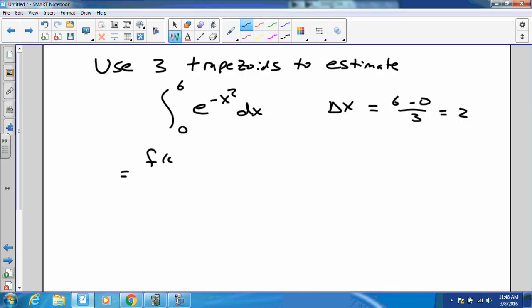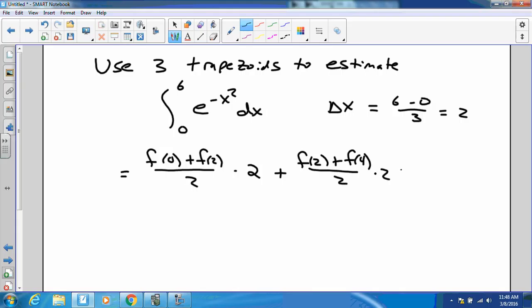F of 0 plus f of 2 over 2 times the width. Exactly right. And the next one? F of 2 plus f of 4 over 2 times 2. And the last one? F of 4 plus f of 6 over 2 times 2.